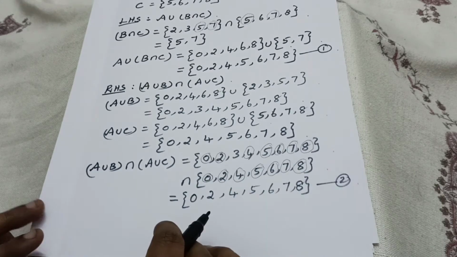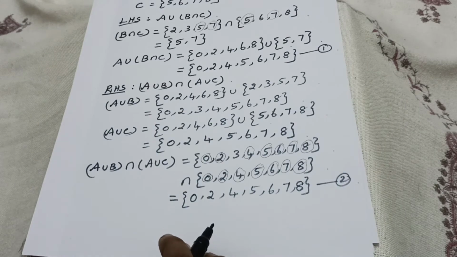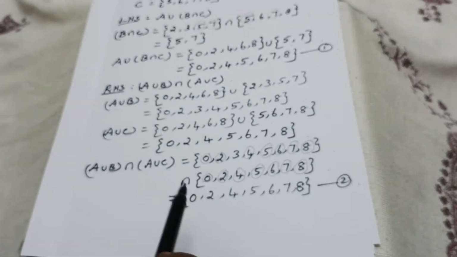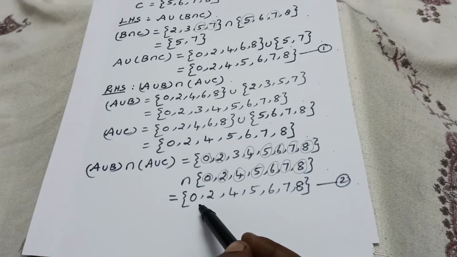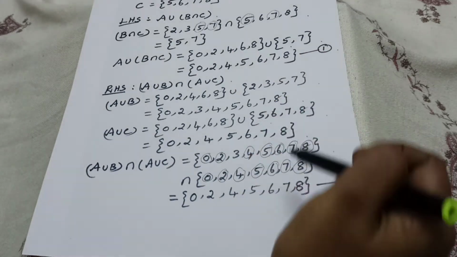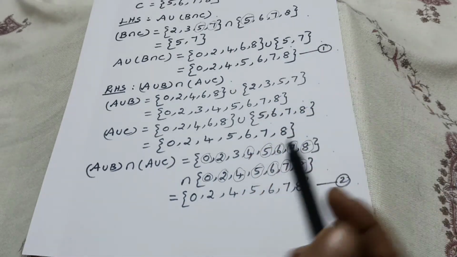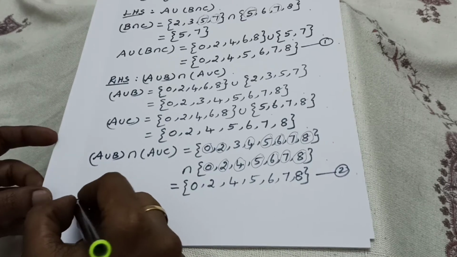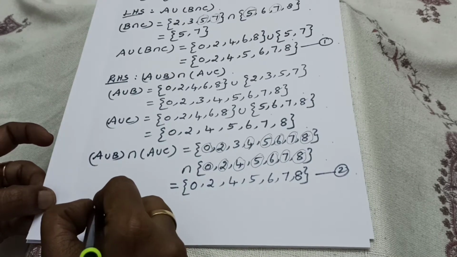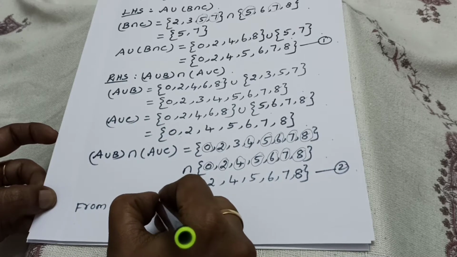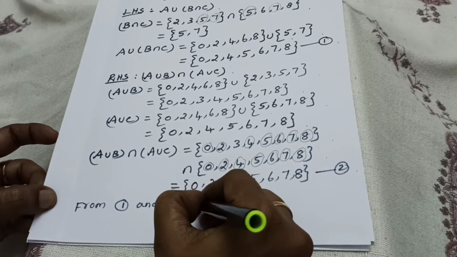Now we should compare equation number 1 and 2. Are these two equal or not equal? Here 0 is there, here also 0. 2 is there. 4, 5, 6, 7, 8 both also available. So from 1 and 2 we get.